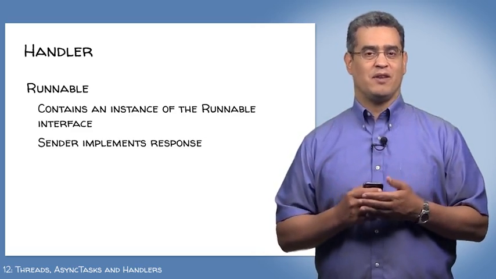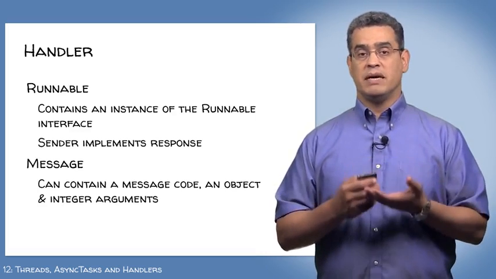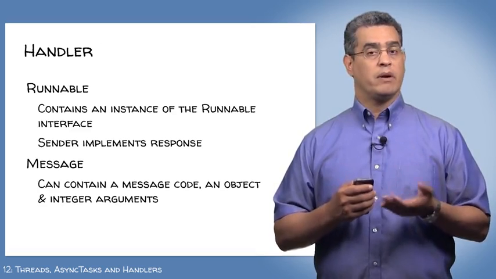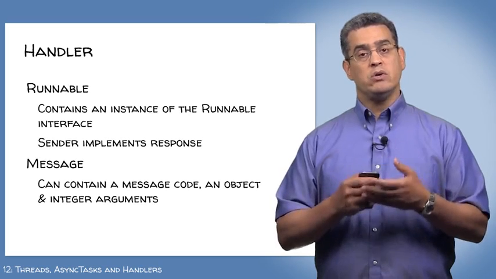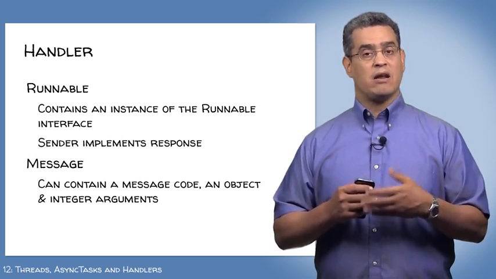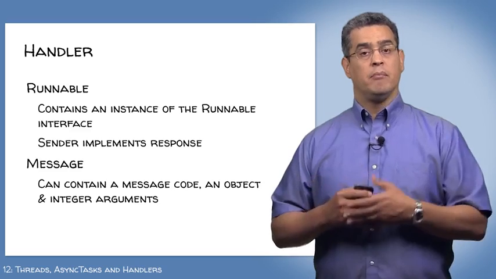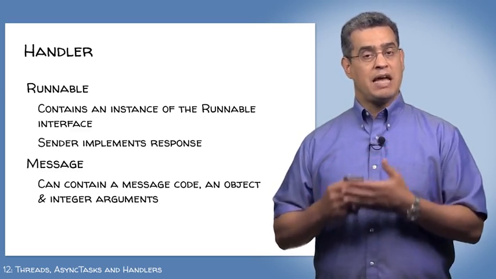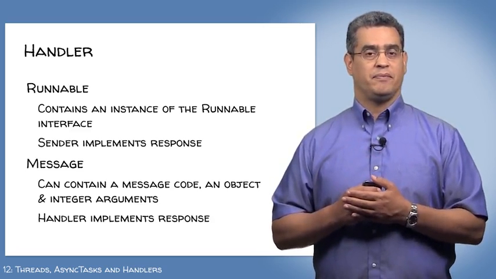A message, on the other hand, is a class that can contain data, such as a message code, an arbitrary data object, and some integer values. And you use messages when the sender thread wants to indicate an operation that should be done in another thread, but it leaves the implementation of that operation to the handler itself.